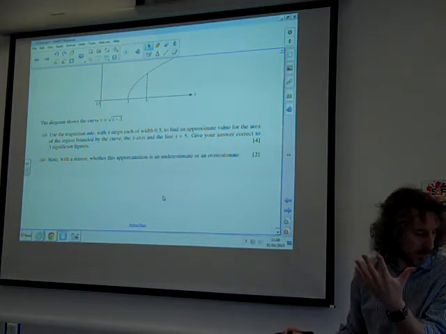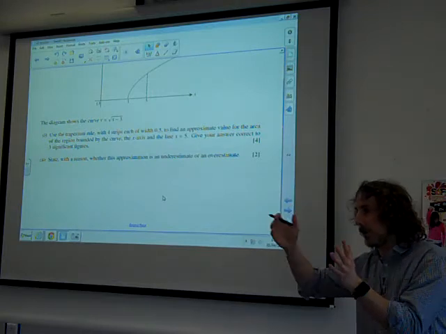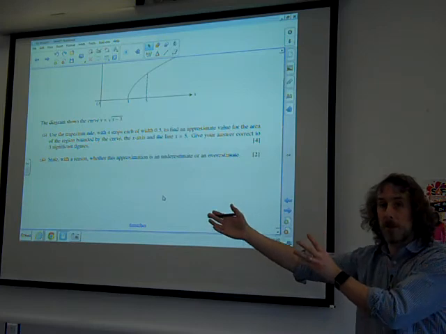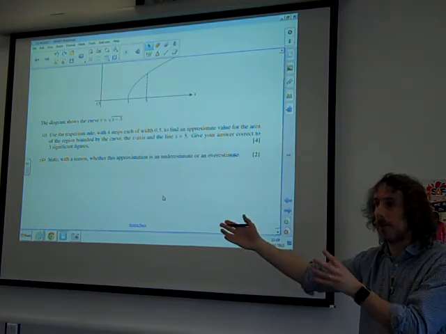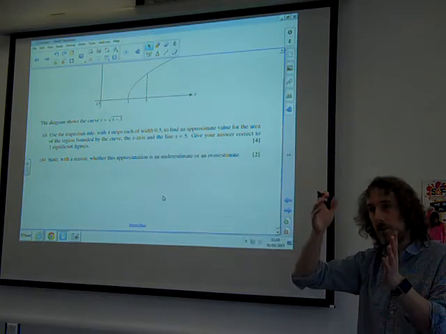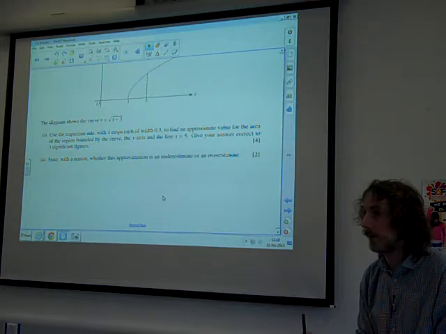Does that make sense? With 4 fence panels, you need 5 fence posts. You need 1 at the start, 1 at the end, and 1 in between any 2 panels. So we need 5 values for this.